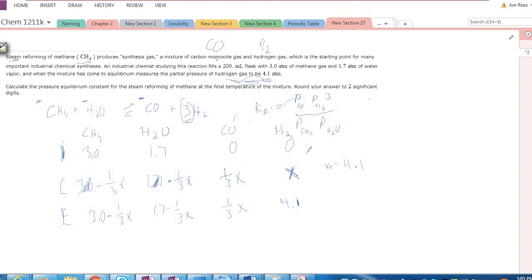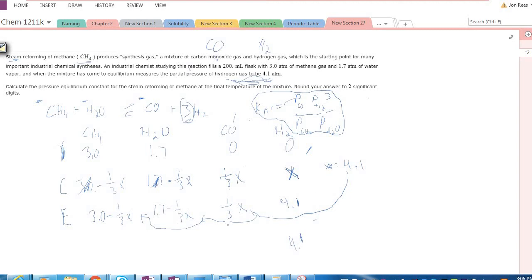So what I can do after that, after I've set up a correct ICE table, is I can just take 4.1 and plug it in for X to each one of these, and it will give me my equilibrium pressures for each one of those reactants and products. And I can just put that in now to my equilibrium expression that I've made here. Okay, so when I did it, we already know that this is going to be 4.1.